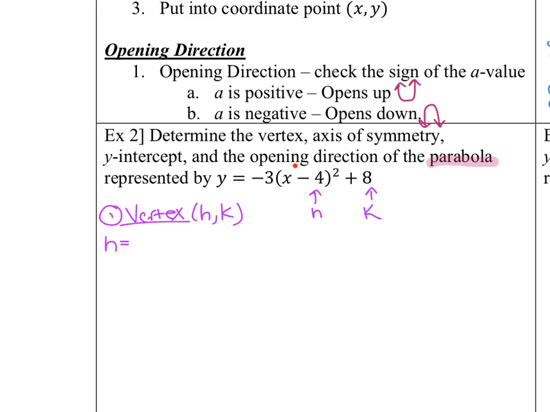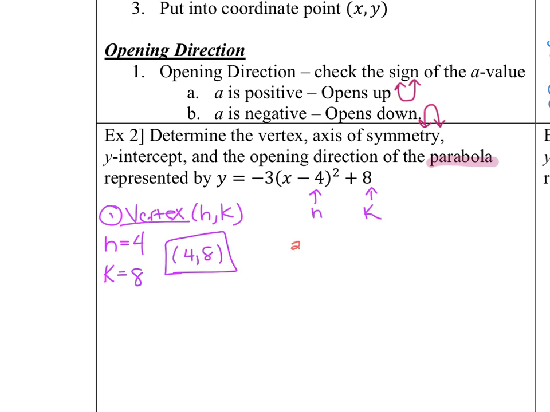So since this says minus 4, your h is actually positive 4. K is the one that stays the same. That one's not going to change. So since it says plus 8 here, that means your k is an 8. So put this in a coordinate point, 4, 8. That is the vertex for this parabola. No math involved. Vertex form makes it very easy to find the vertex.